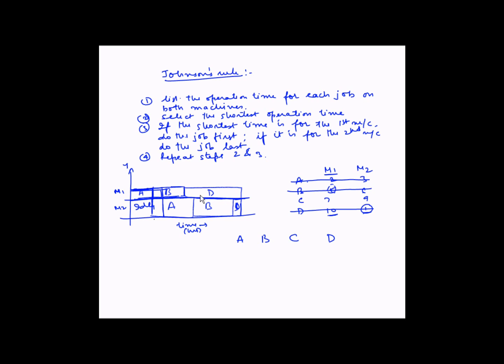So eventually your M1 and M2 are balanced by reversing the shortest time on M2 starting from the last. Now in this example I have not used C. C would be somewhere around here and here, but I wanted to explain how, starting from the end on machine M2 with the shortest amount of time on M2, you can balance the time taken by M1 and M2 such that the overall time taken by both the machines is the minimum.